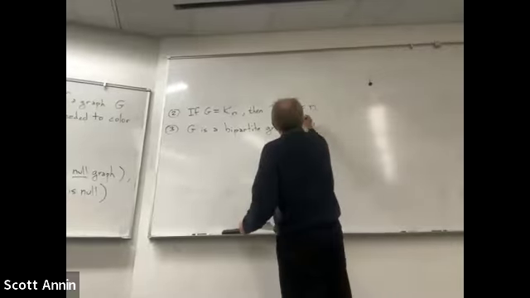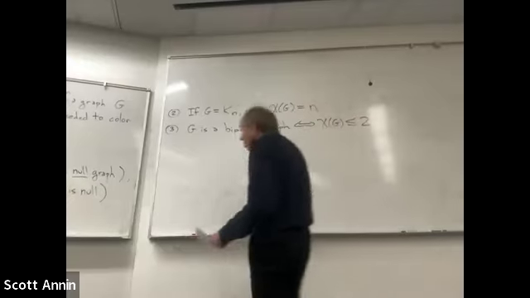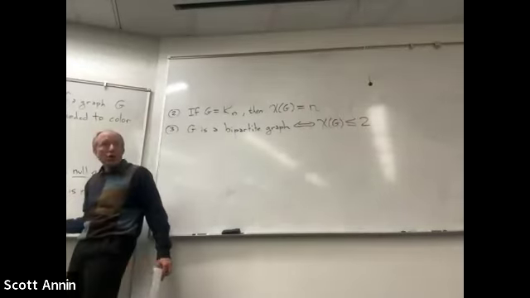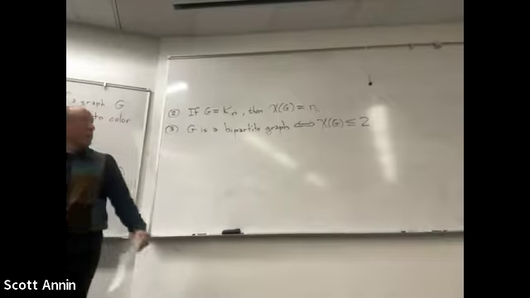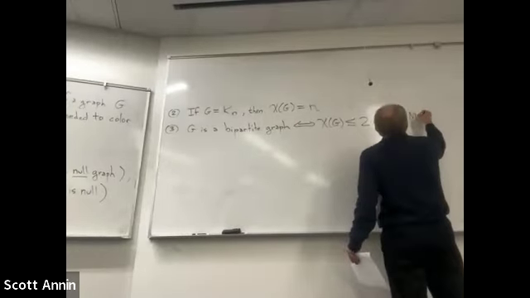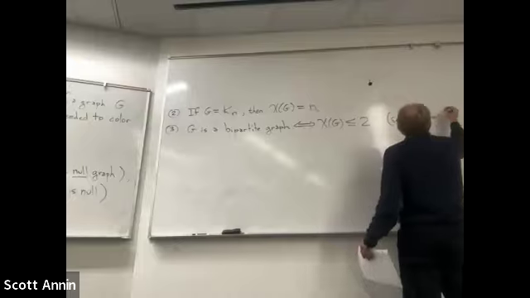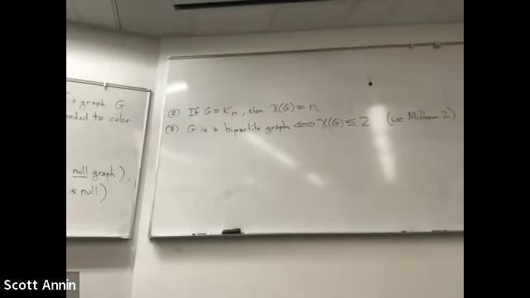So in this case, the chromatic number is never more than 2. Of course, it could be 1 because a null graph is also a bipartite graph, and a null graph would have a chromatic number of 1. So this one, I can just say see midterm 2. We certainly talked about that one in the exam, and you can read my solution to that. We did the proof there. But that's a good example to have in our list as well.